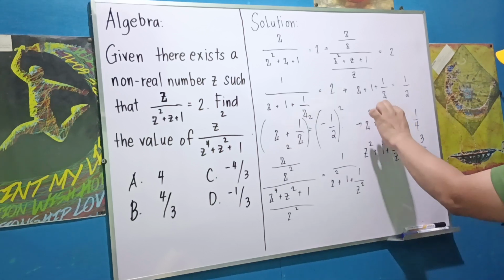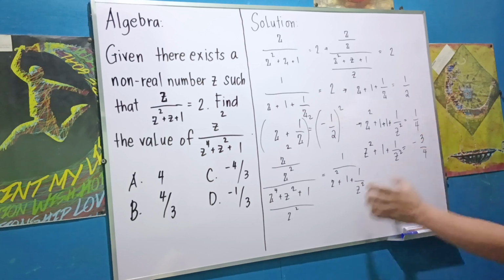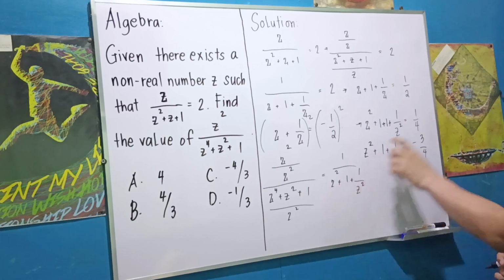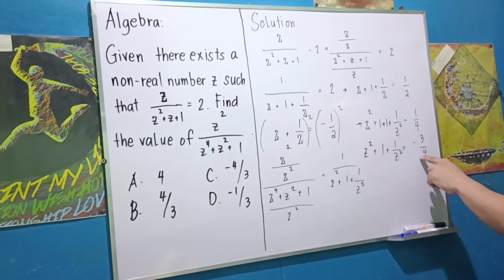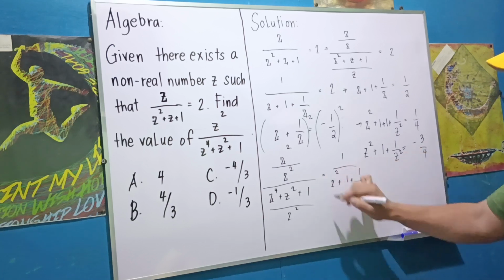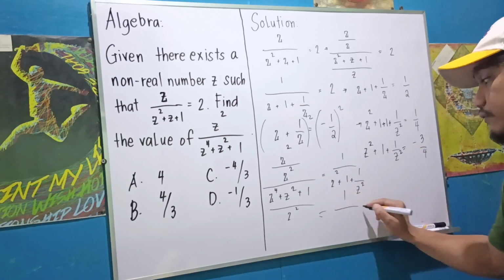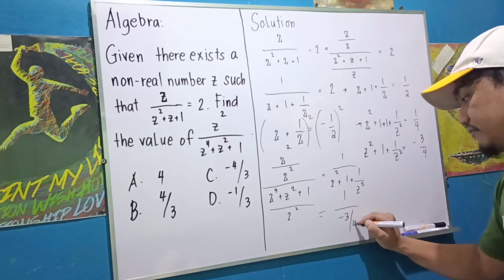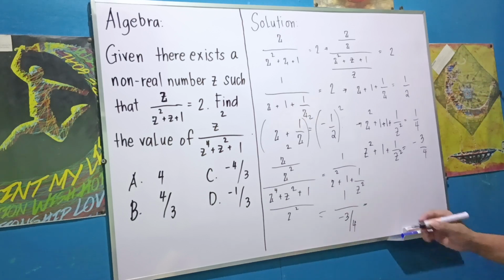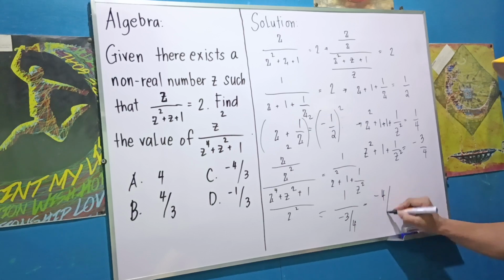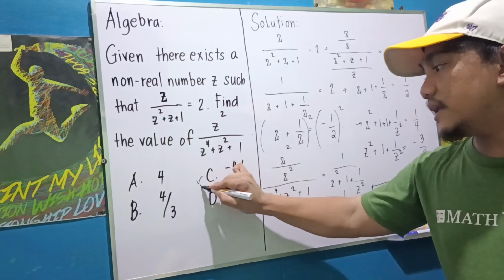Nilipat lang ni Sir IJ para magkatugma dun sa hinahanap natin. 1/4 minus 1, that is negative 3 over 4. Therefore, this expression is equal to negative 3 over 4. And upon dividing the given complex fraction, the final answer will be negative 4 over 3. Kaya ang tamang sagot for this problem is letter C.